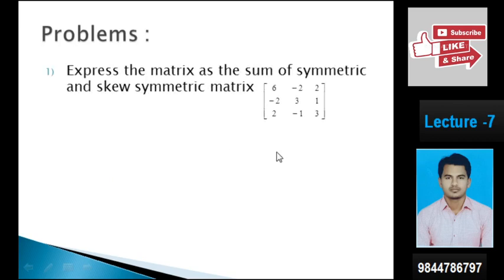Problems. The problem is: express the matrix as the sum of symmetric and skew symmetric matrix. The solution is, let us take, I am naming A is equal to [6, -2, 2; -2, 3, -1; 2, -1, 3].